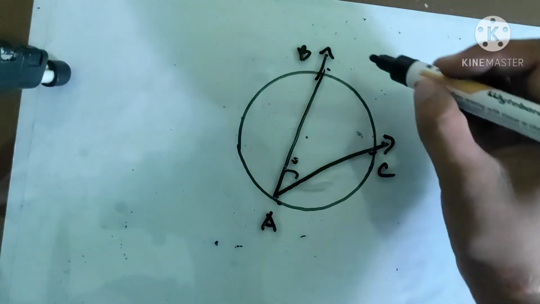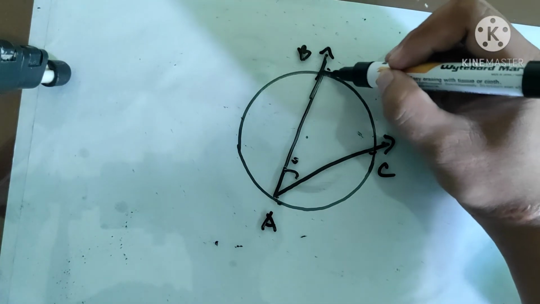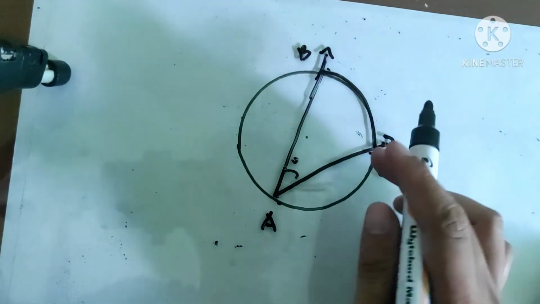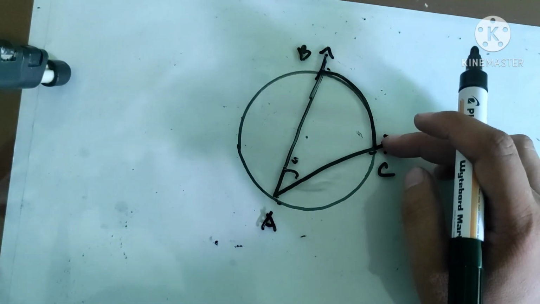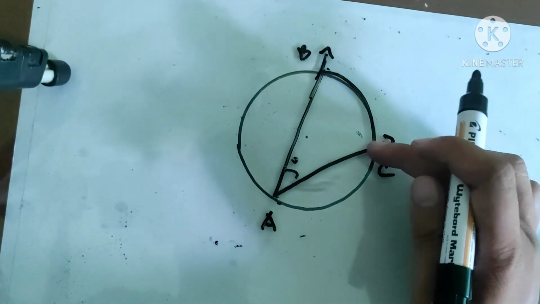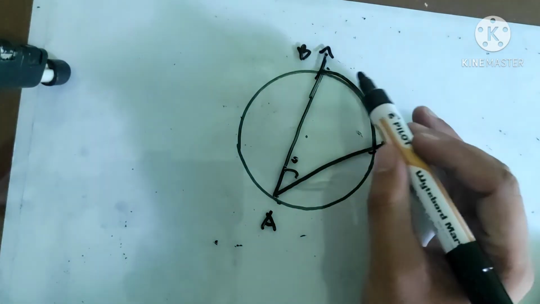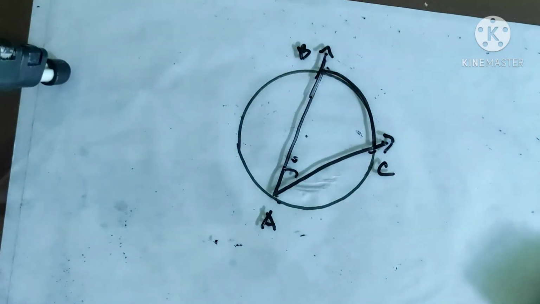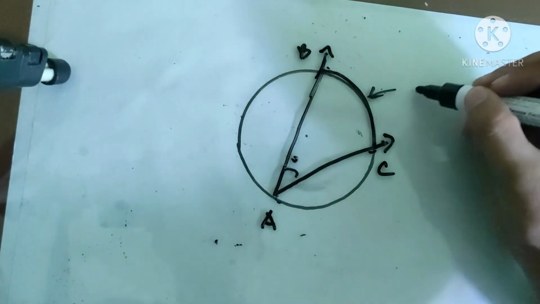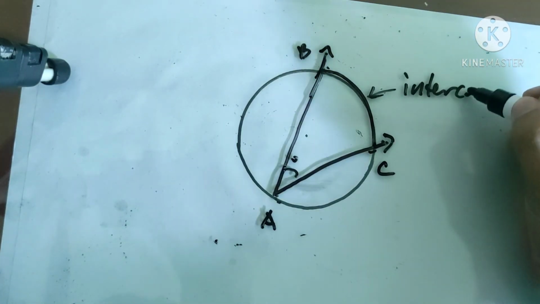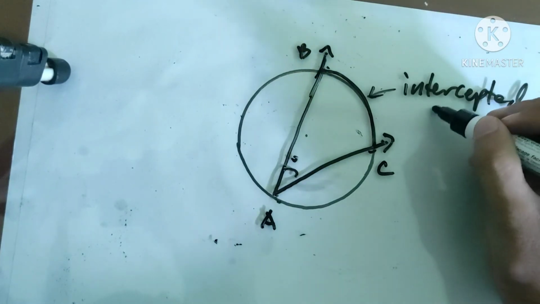Pag sinabi nating intercepted arc, yung arc na napaloob sa ating angle, point B at saka point C, yan yung tinatawag natin na intercepted arc.